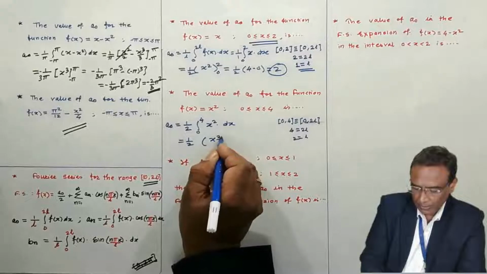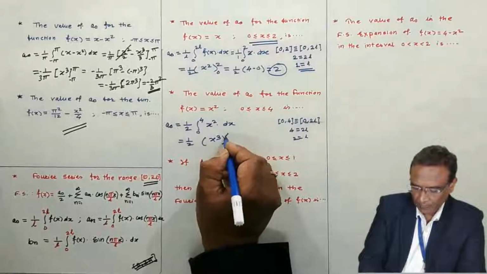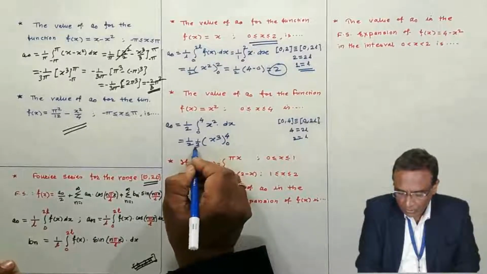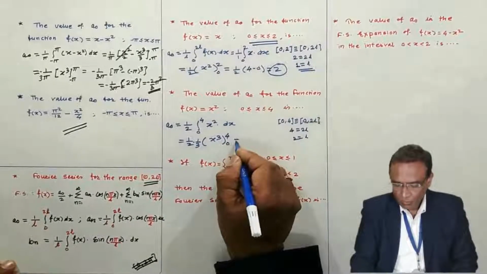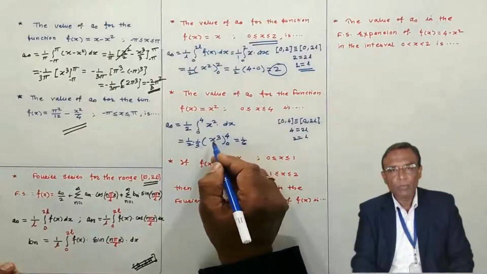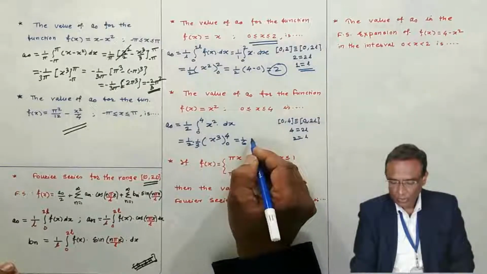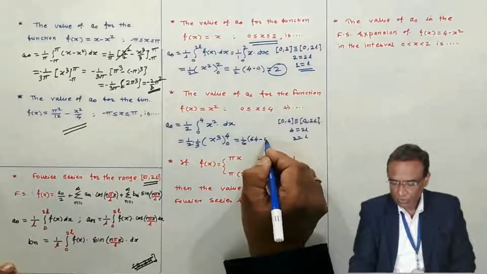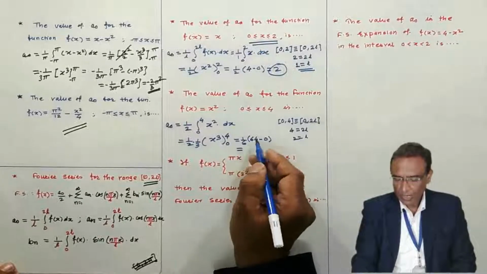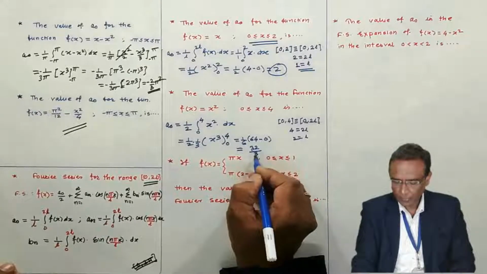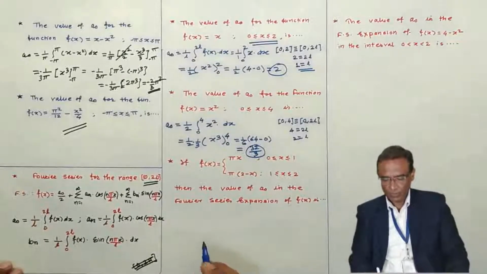The integral of x square is x cubed by 3. I am writing 3 outside directly. 1 by 6, 4 raised to power 3 is 64. Put x equal to 0, upper limit minus lower limit. And this 64 by 6 you can write as 32 by 3 also. This is the value of a0.